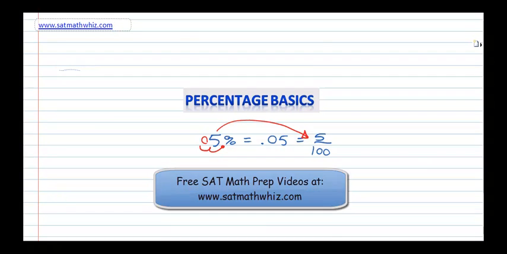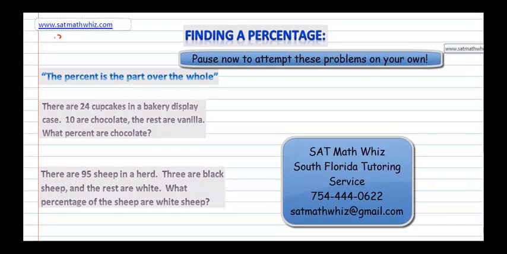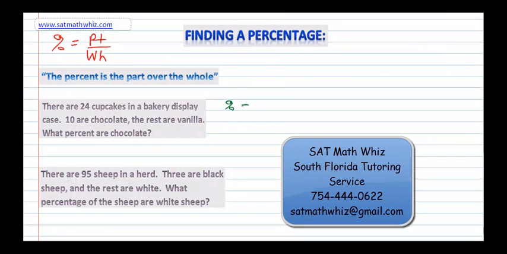Finding a percentage. The percent is the part over the whole. That's a good phrase to keep in mind when you're trying to figure out the percentage of something. For instance, there are 24 cupcakes in a bakery display case. 10 are chocolate, the rest are vanilla. What percent are chocolate? Like we said a moment ago, the percent is the part over the whole.